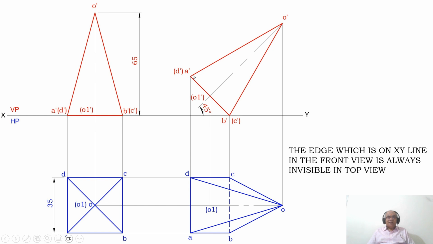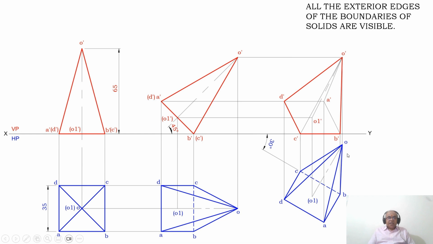So which is that? That is this line I am talking about. Since this point is below this, as we look from the top view, this surface OAD is hiding this O1 and also this edge. Therefore, O1 becomes invisible.